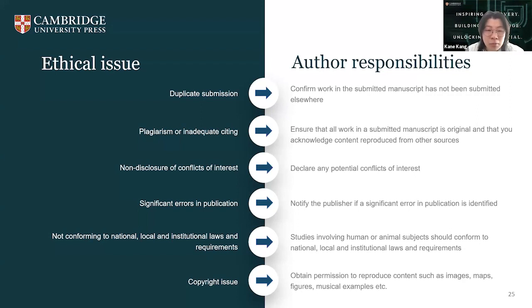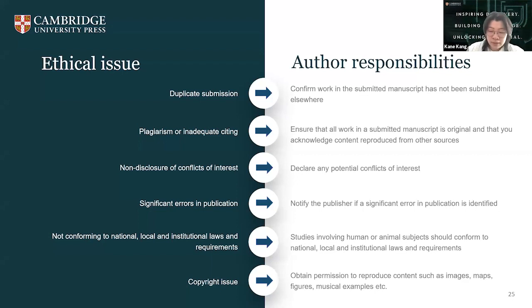Yeah. And the copyright issue: authors need to obtain permission to reproduce content such as images, maps, figures, music examples. This is common when you come to the review, literature review type.